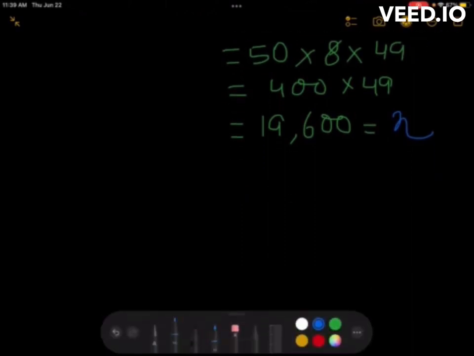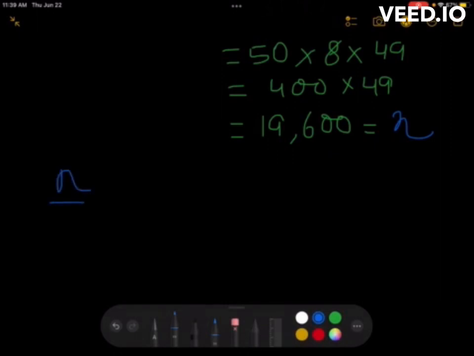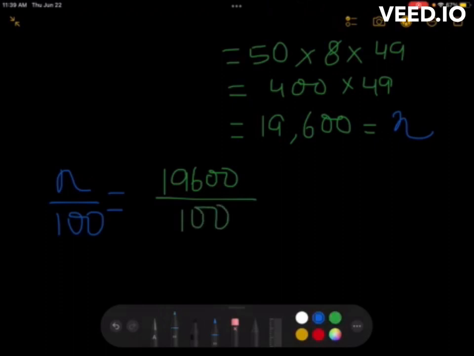So n over 100 is 19,600 divided by 100, which is equal to 196. And that is our final answer.